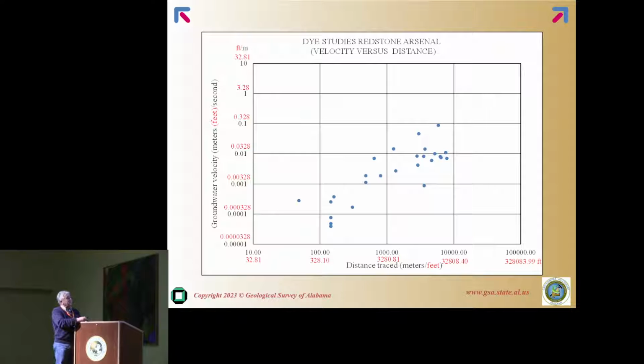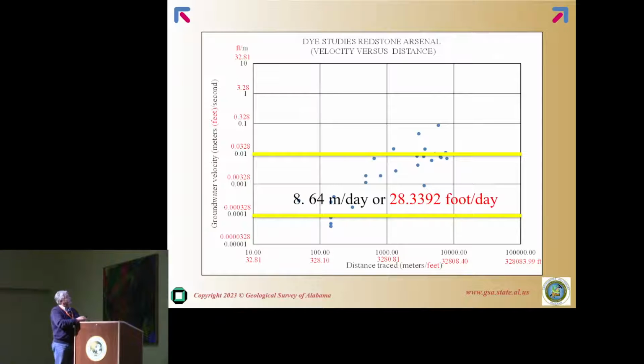In the vicinity of the site, a lot of dye studies were performed. On this graph, I have the groundwater velocity in meters or feet per second, and the distance traced. The lowest number I found was 0.14 meters per second. Here, I put the numbers in meters per day.